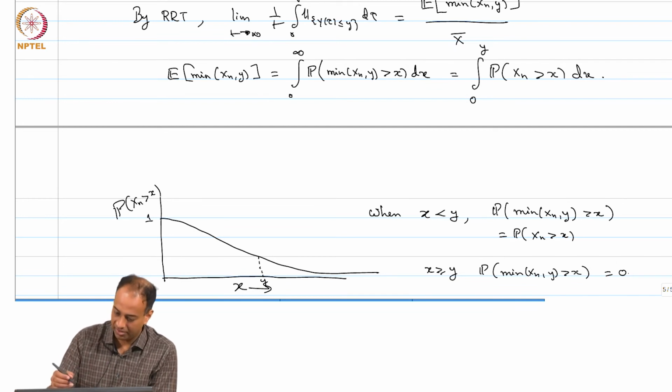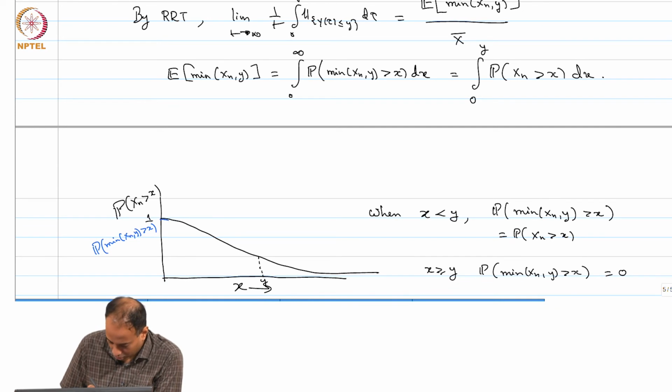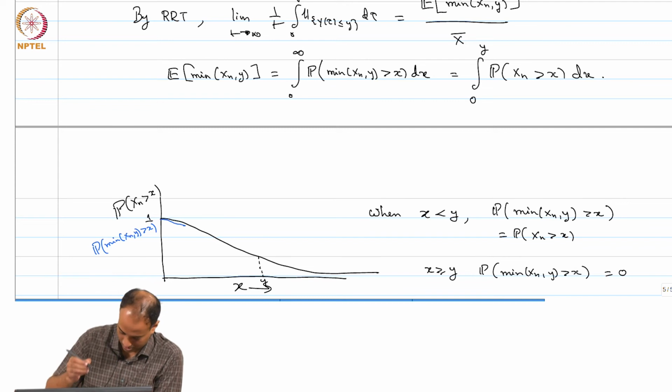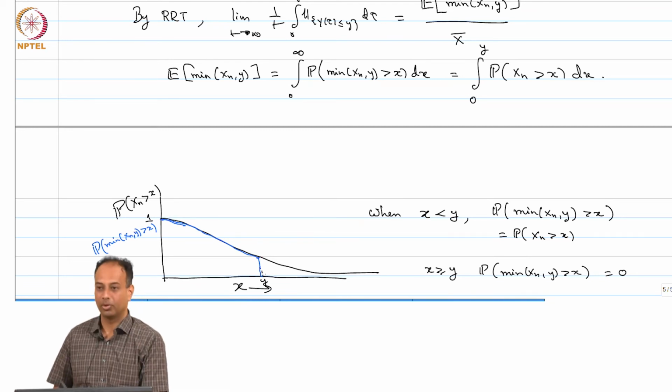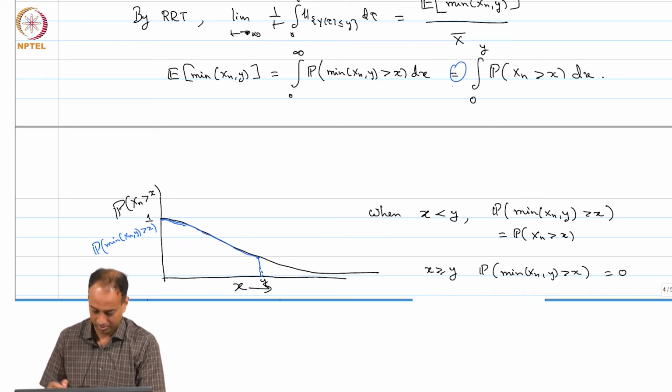So, the CCDF of min of x n comma y, if I draw that in a different color, will just follow this curve and then drop down to 0. That is what I have integrated. I am just justifying this step in this picture.